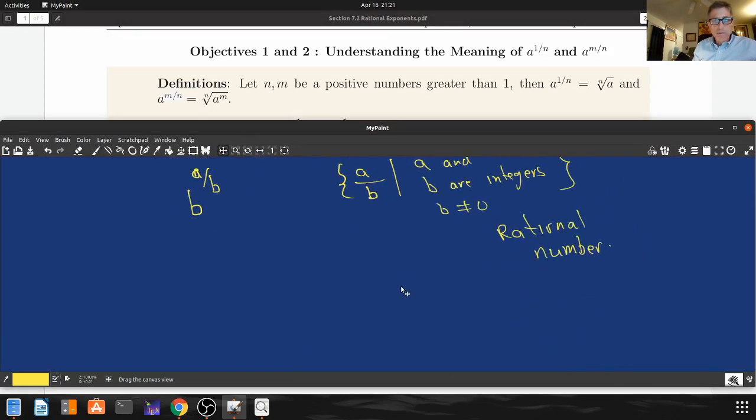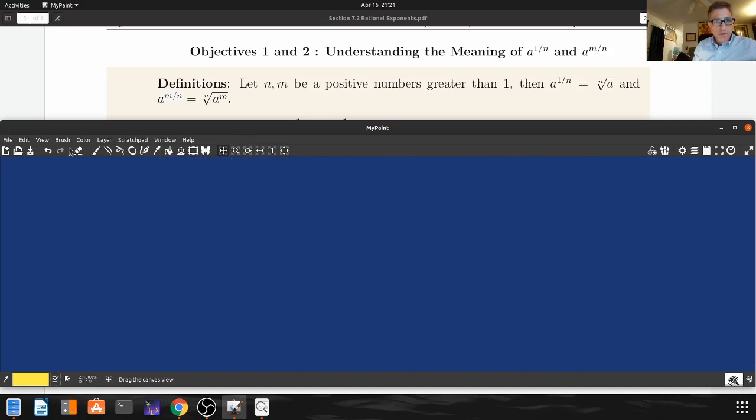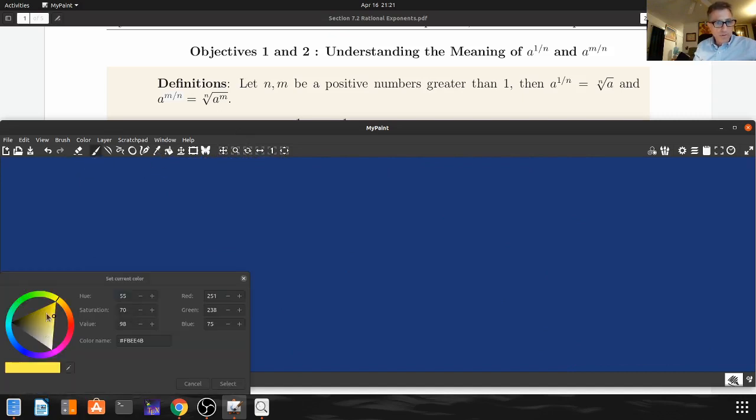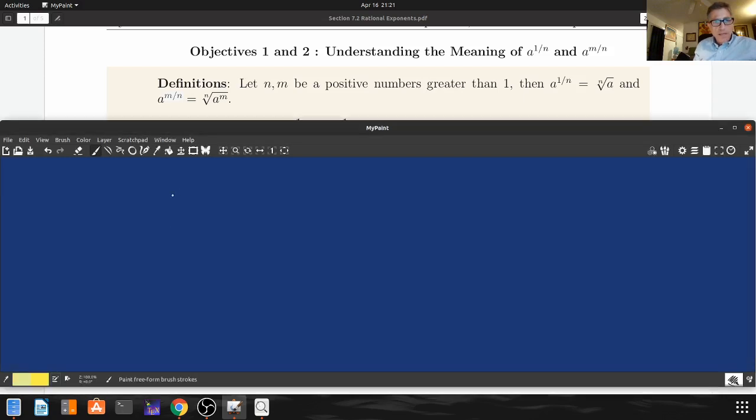Really, you have two options. a to the m divided by n can be expressed as one of two things: the nth root of a raised to the mth power, but that's exactly the same as the nth root of a, the whole thing, raised to the mth power.